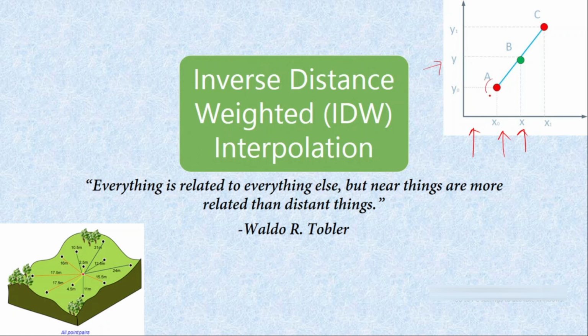If you have 2 points A and C of which you know the values of x and y, you can easily calculate the value of B. You know how to do that. You just subtract the y value of A from the y value of C, and subtract the x value of A from the x value of C, and you get the slope of this line, and you can calculate the values for B. So this is a very simple type of interpolation, that is linear interpolation.